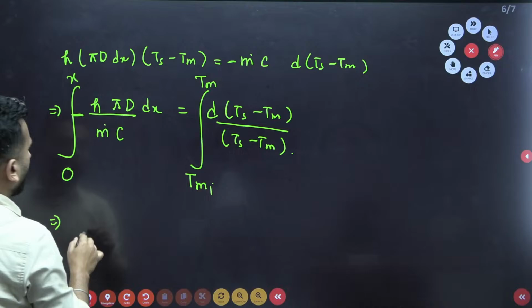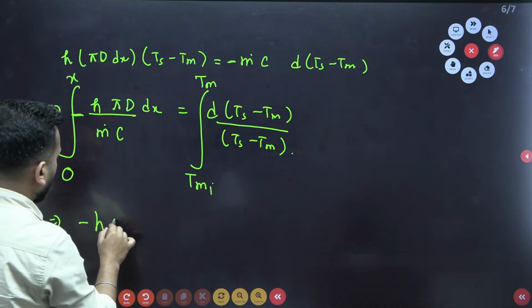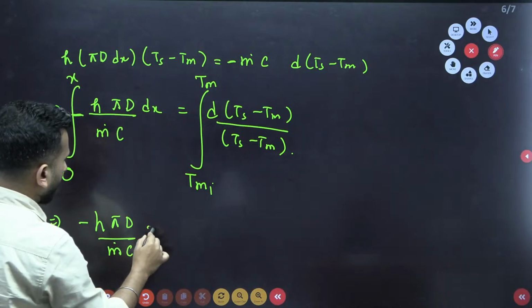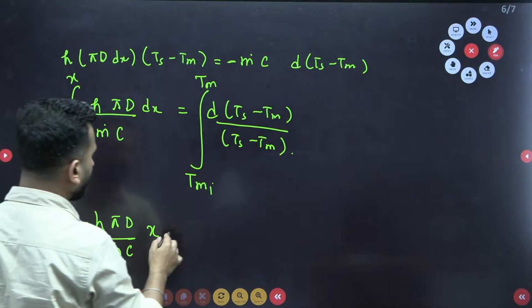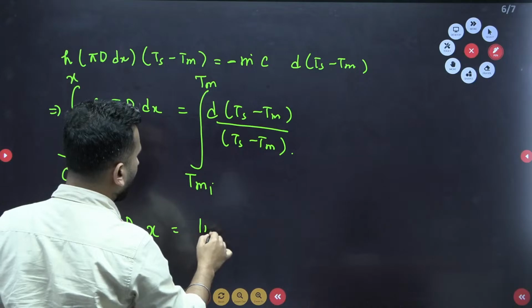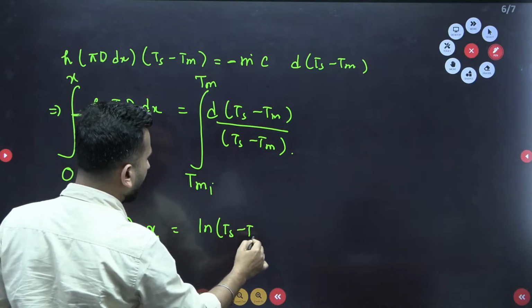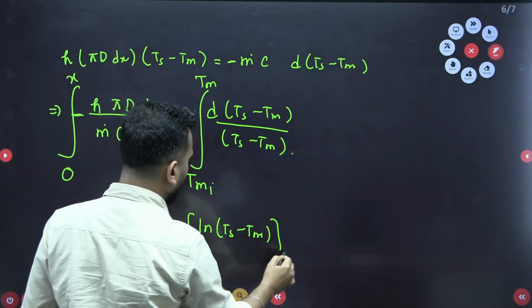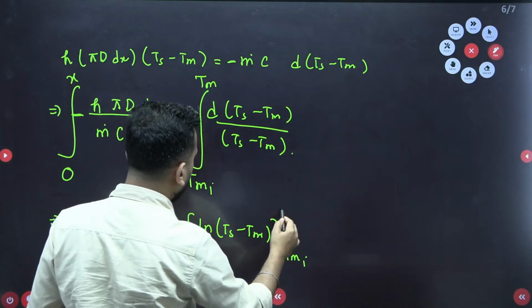All these things are constant, so it will be minus h pi d by m dot c x, and ln Ts minus Tm between Tmi and Tm.